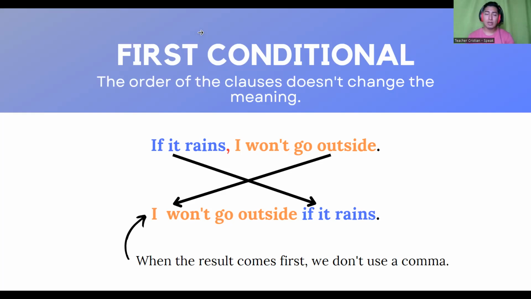On the other hand, when we have the result first and then the action, we don't use a comma. Even though they have a different order, they have the same meaning, and the result and the main clause are always the same.